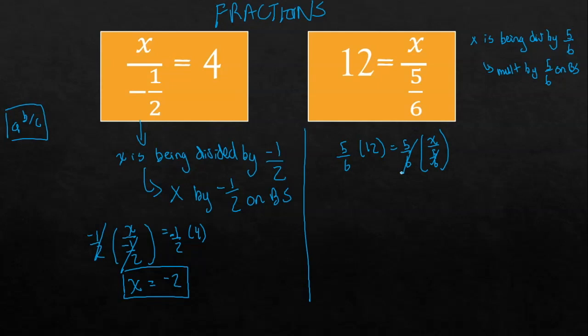That gets rid of this fraction. And then if you don't have the fraction button, you can go 5 times 12 in your calculator and then divide by 6. And that will give you 10 is equal to x. Or you can use the fraction button, 5/6 times 12. And your answer is 10.